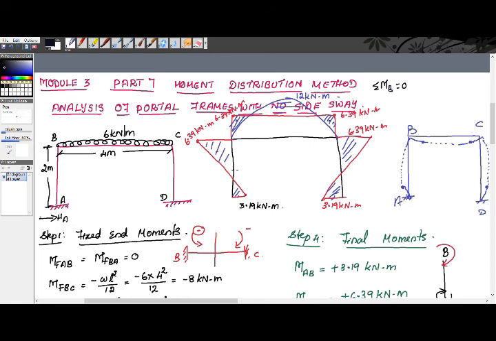So minus 2HA, taking the moments about B. Then we have the moment at A. What is the moment at A?